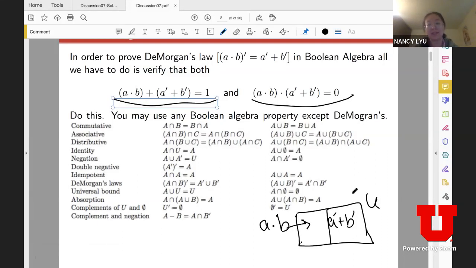We want to see that A dot B union A complement plus B complement is the universal set, and the intersection is the empty set, which basically means that the complement of A dot B is A complement plus B complement.